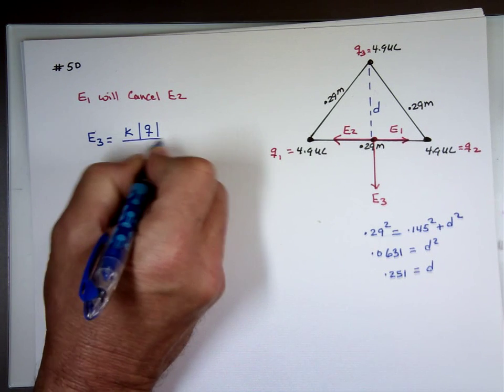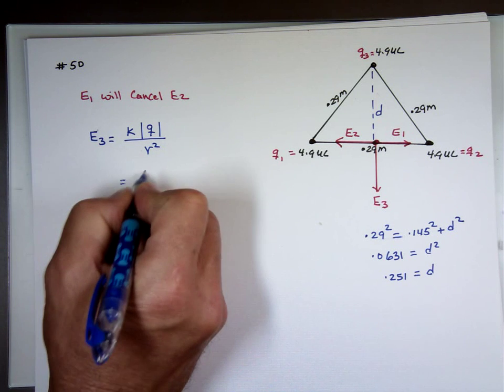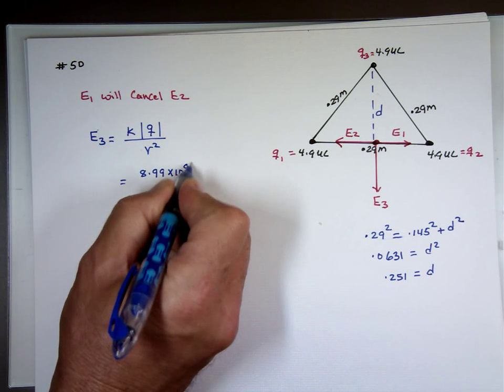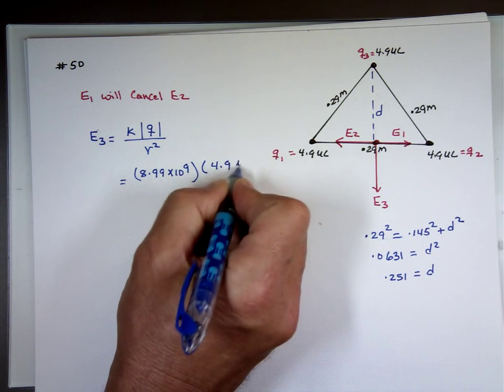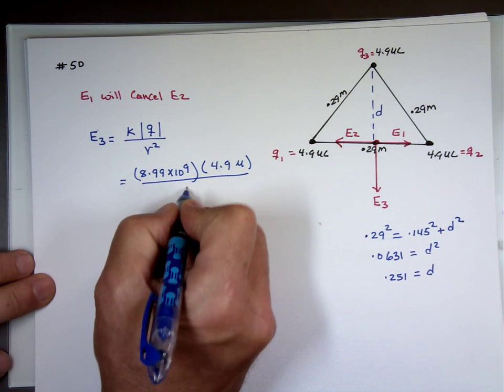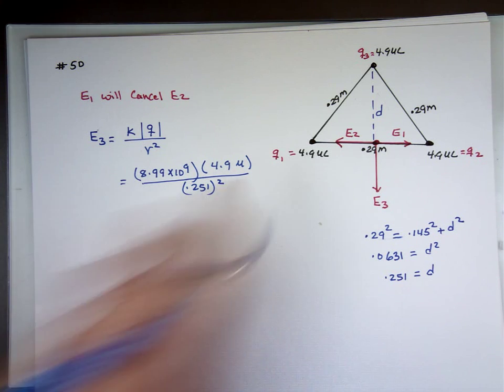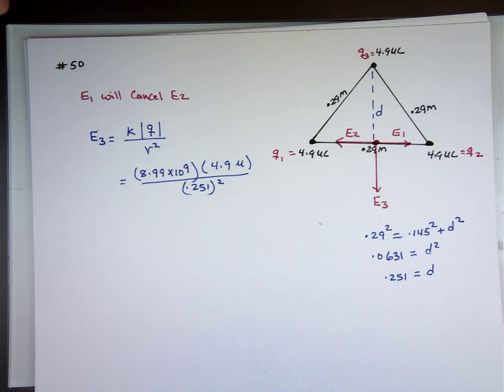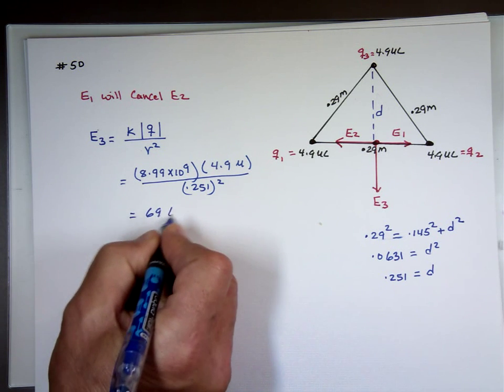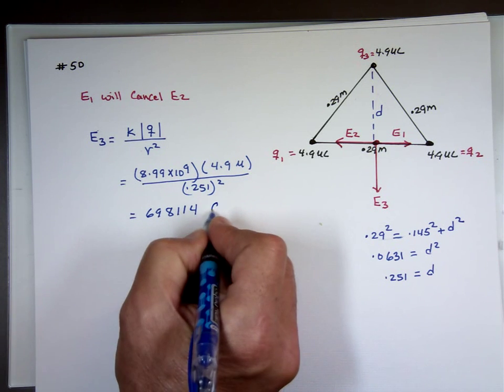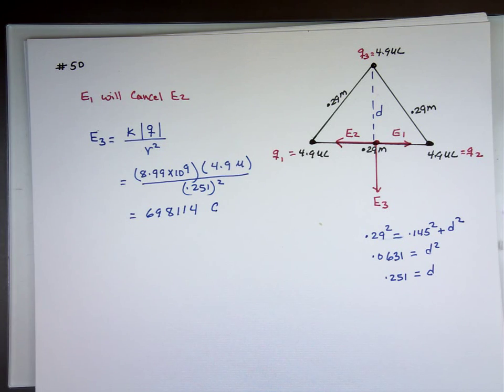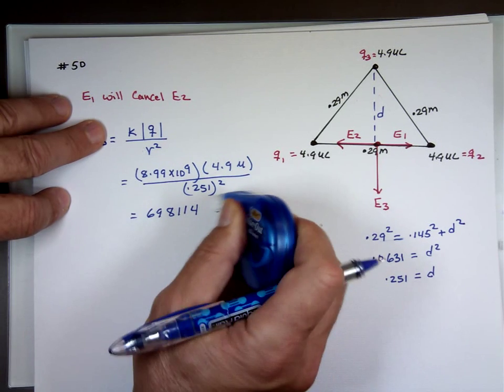Just one Q, not two Q's. 8.99 times 10 to the 9, times the charge, which is 4.9 micro, divided by the distance squared, 0.251 squared. 8.99 e to the 9 times 4.9 e to the negative 6 divided by that, and I got 698,114 Newton per Coulomb.